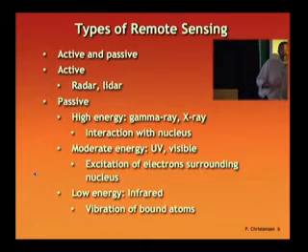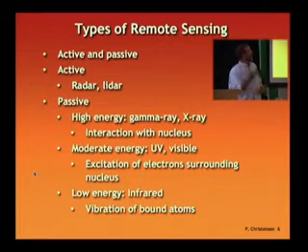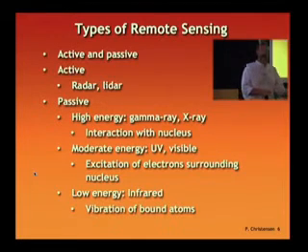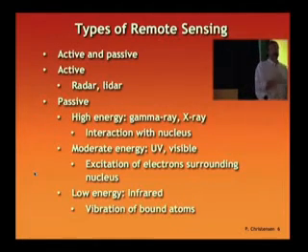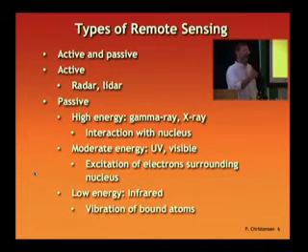But on airless bodies like Mars, there's a lot of cosmic rays, a lot of high energy sources that get to the surface, excite the atom at the nucleus level, generate gamma rays and X-rays, which we then observe. And we can tell literally what elements are on the surface by looking at the spectrum of gamma rays that come off. So there the interaction is going on at the nuclear level.